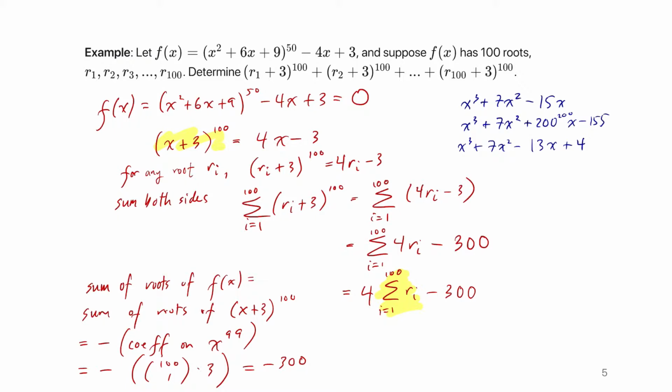So that means the sum thing over here is equal to negative 300. So I have 4 times negative 300 minus 300, which is 5 times negative 300, which is really negative 1,500. So whatever value they were asking us to look for is negative 1,500.